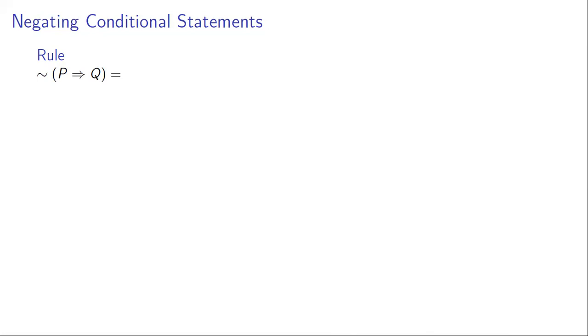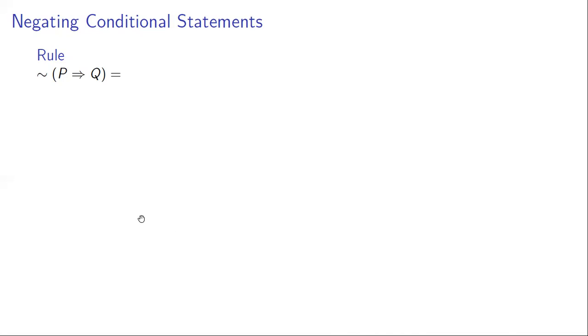Now let's remember, if P then Q is a promise that whenever P is true, Q has to be true. And we talked about how the only way for that promise to be broken is in a case where P is true and Q is false.